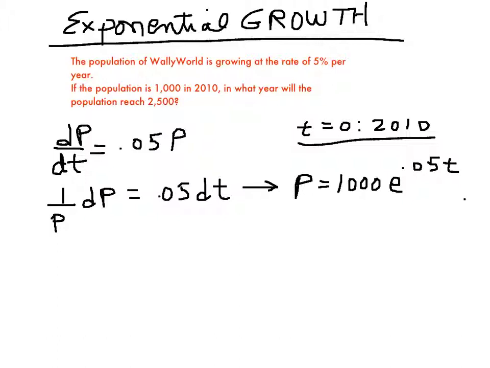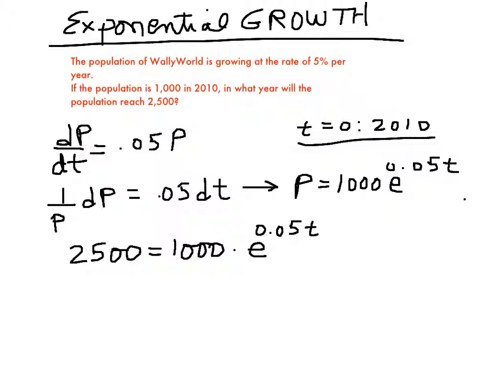Okay? And so what we want to do now is solve this. We want to know what is t if P is 2,500. So 2,500 is equal to 1,000 times e to the 0.05t. And if we solve that on our calculator, we get t is equal to 18.33 years.